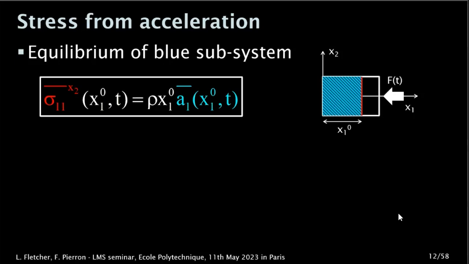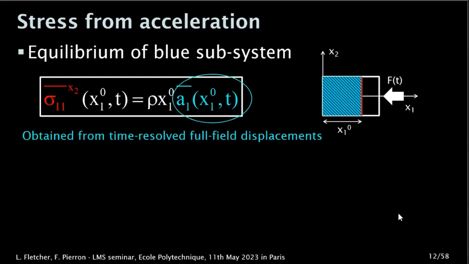The bar indicates a 2D averaging of the acceleration a1 over the blue area, between the free edge and the section you consider. And this is valid for any section along the length of the material. That's just simple equilibrium.